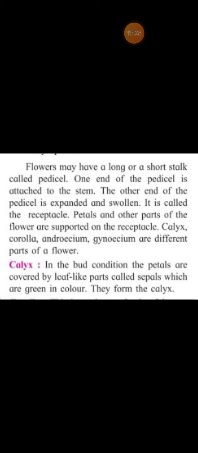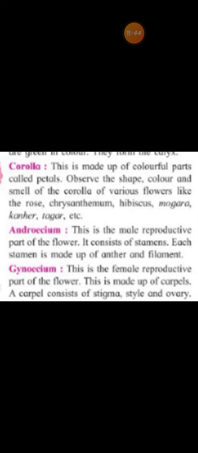In the bud condition, the petals are covered by leaf-like parts called sepals, which are green in color. Okay, children? They form the calyx. Then is corolla. This is made up of colorful parts called petals.